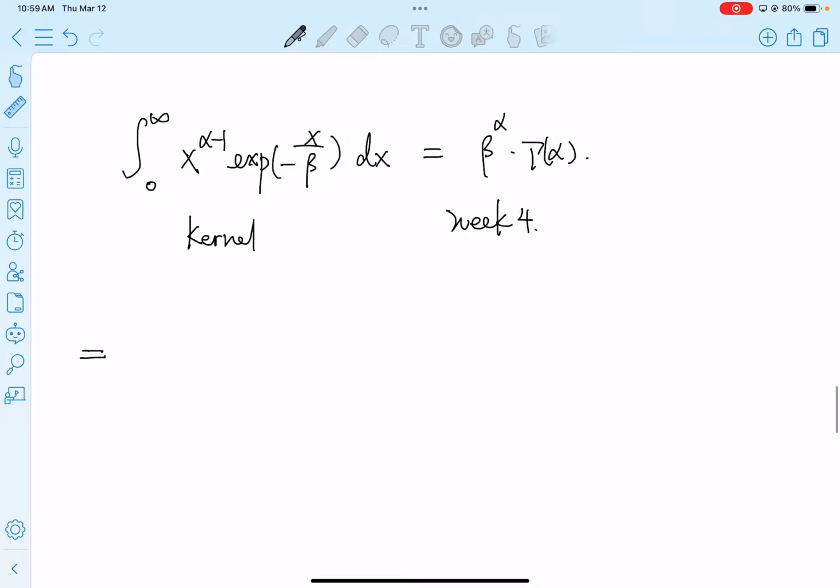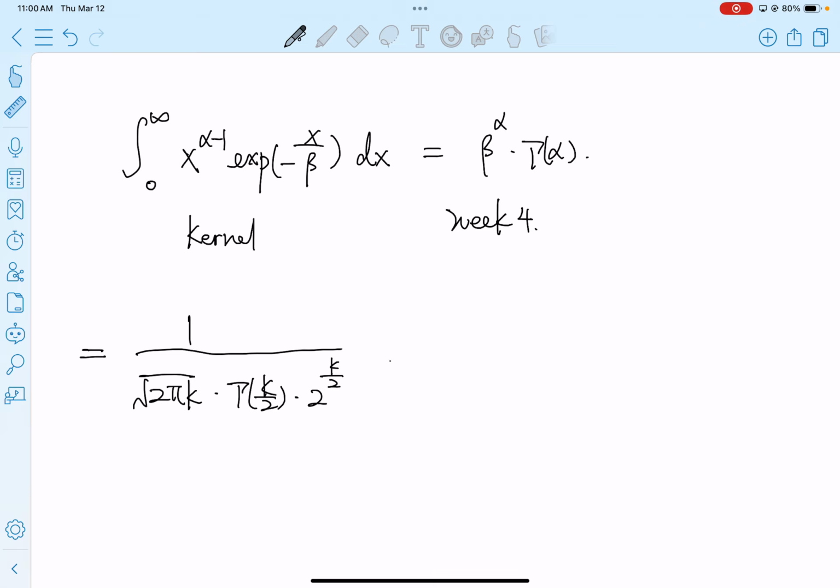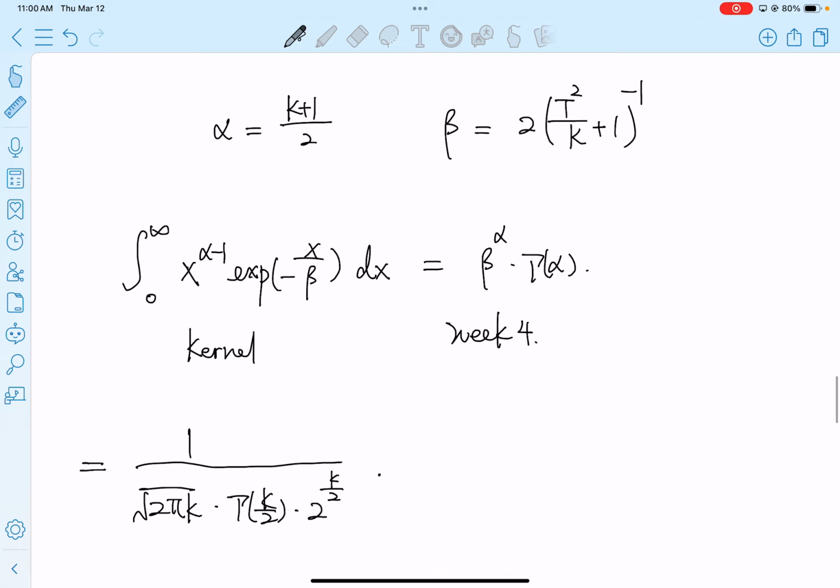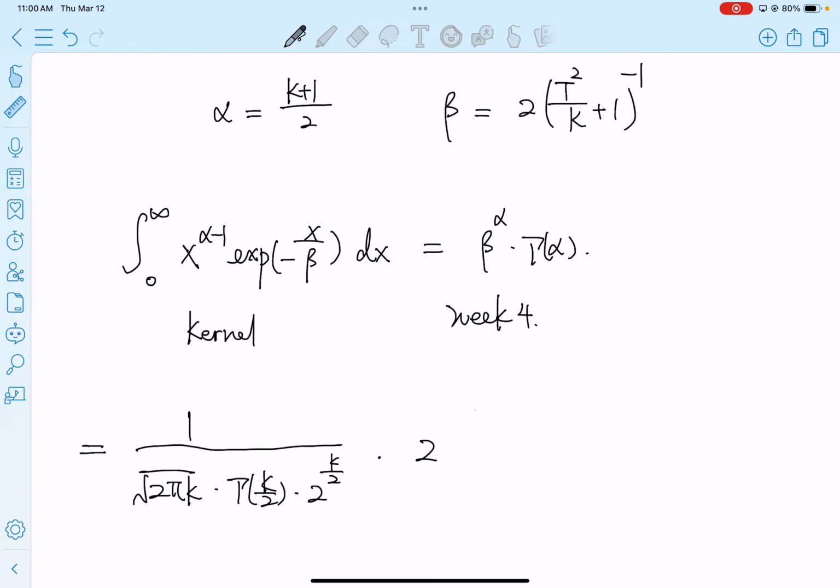That means you will have 1 over 2 pi k square root, and then beta to the power of alpha, so beta is 2 times t squared over k plus 1, raised to the power of alpha, so it's a negative k plus 1 over 2, multiplied by the gamma function of alpha.